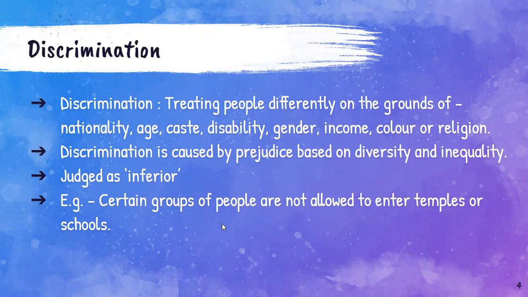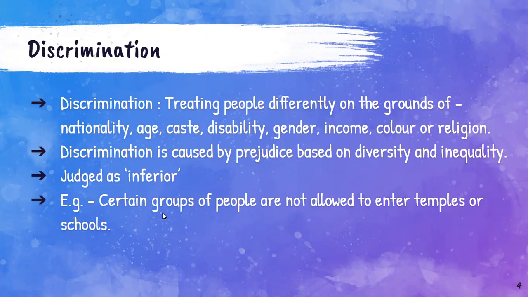So in our ancient Indian society, the people who belonged to the lowest caste, the Shudras or the untouchables, were not allowed to get into temples. They were not allowed to pray in the temples. They were not allowed to go to schools. This means that they were treated differently. They were not treated as people of the higher caste.